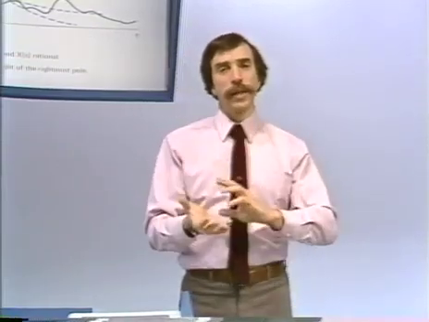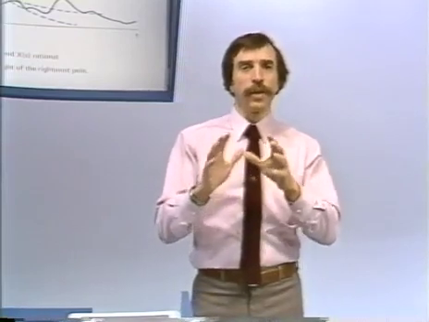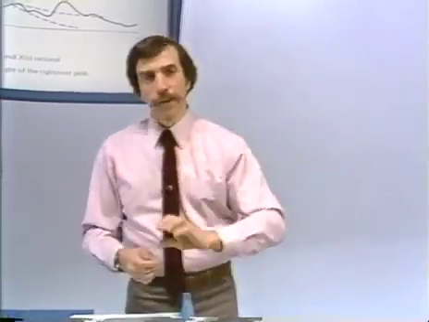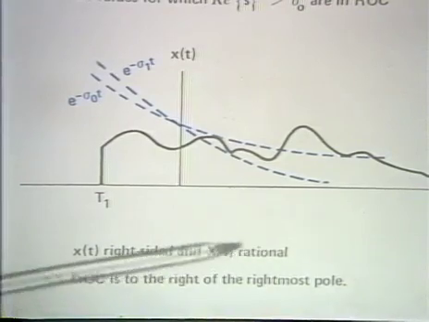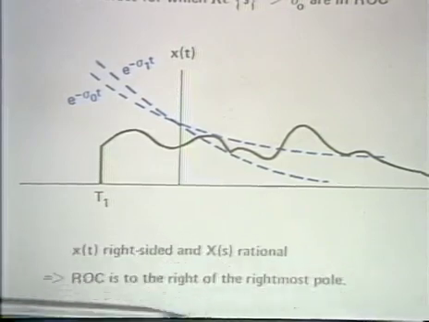We can also combine that with the statement that for rational functions, there can't be any poles in the region of convergence. If you put those two statements together, then if x of t is right-sided and if its Laplace transform is rational, then the region of convergence is to the right of the rightmost pole.